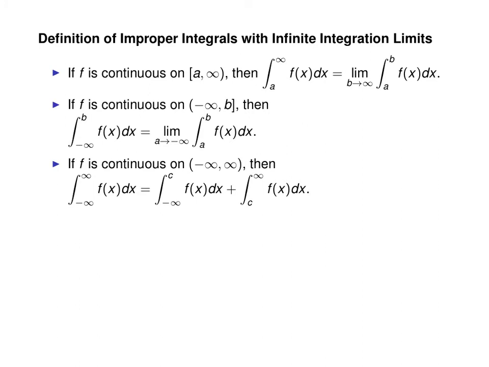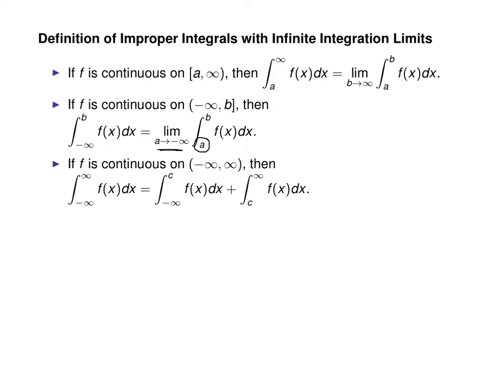Okay, now here's how you find all sorts of improper integrals. If your upper bound is infinite, you use some number b and find a limit as b goes to infinity. If your lower bound is -infinity, you do something similar. You let some variable go to -infinity and replace the -infinity by that variable.